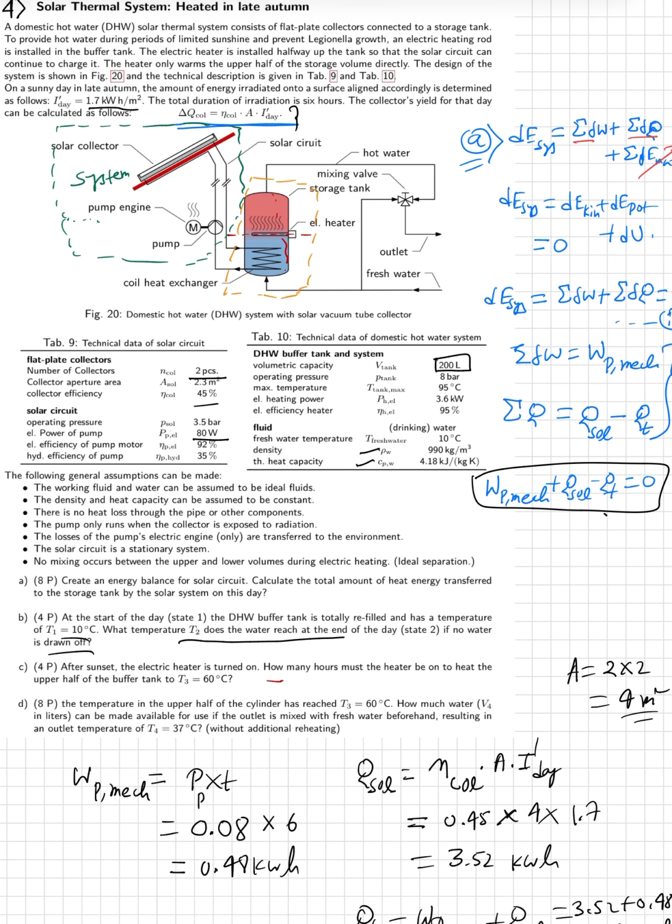The main thing is that we have to take only half of the tank. Why so? Because the tank is stratified and the problem states there is no mixing.